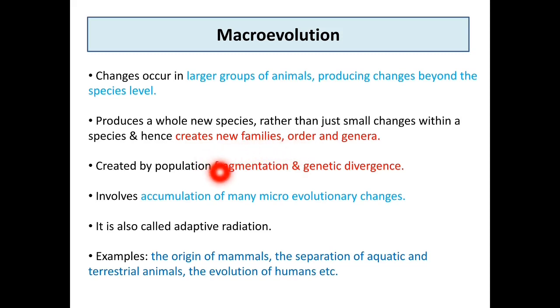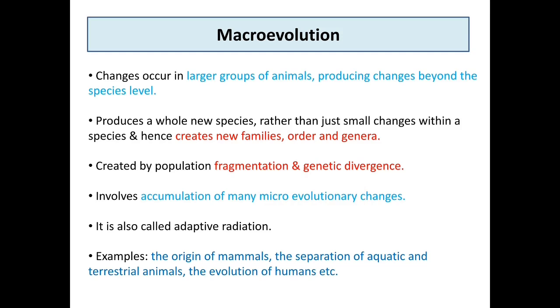This type of evolution is mainly created by population fragmentation and genetic divergence, and involves accumulation of many microevolutionary changes. This type of evolution is also called adaptive radiation.